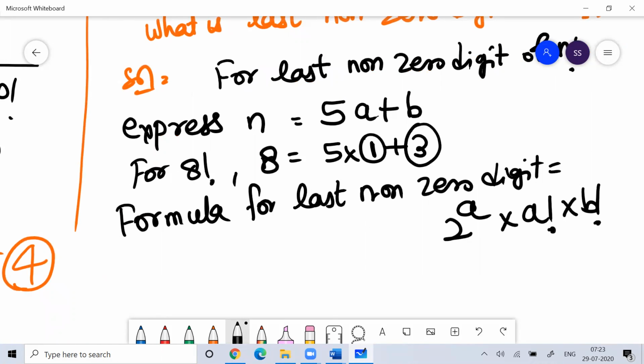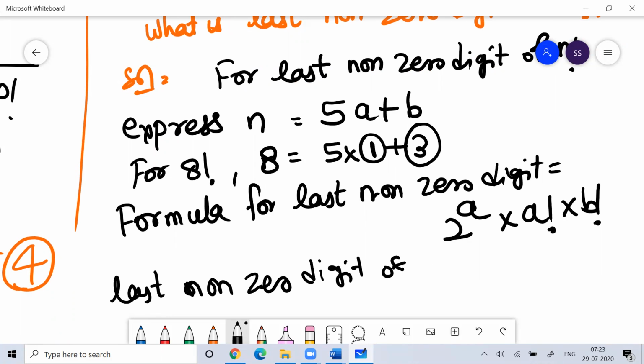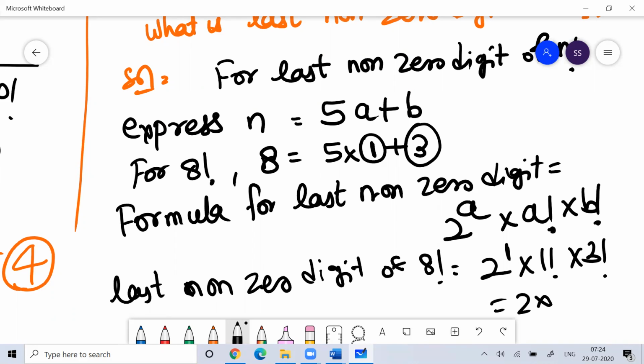So the last non-zero digit of 8 factorial is 2 to the power 1 into 1 factorial into 3 factorial. 2 to the power 1 is 2, 1 factorial is 1, 3 factorial is 6. If you multiply them, you get the unit digit as 2.